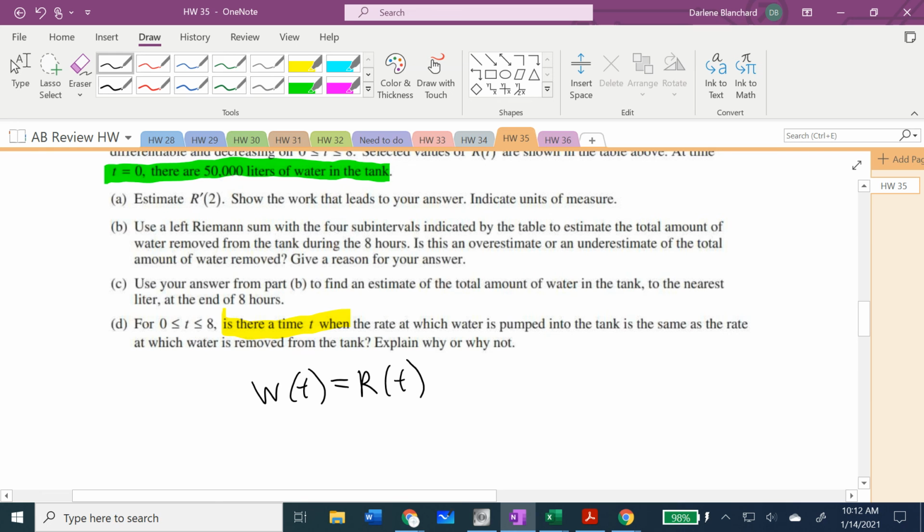But let me tell you what you want to do always when it comes to either IVT or MVT. You want to take that equation and make one side 0. That is what's going to get you through some of these IVT, MVT problems.